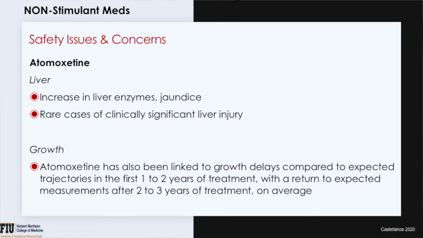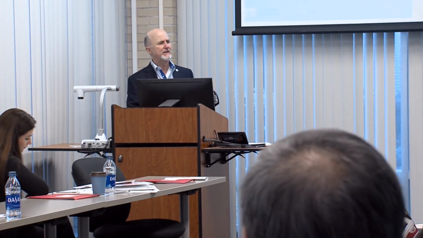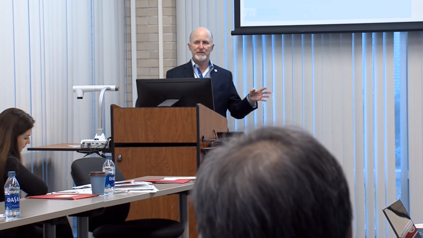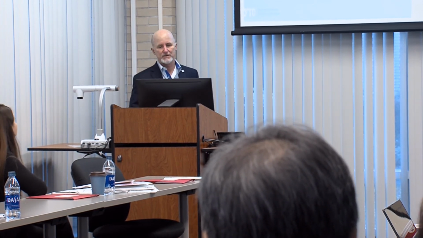That means when you discontinue the medication, all your parameters tend to return to normal, right? And atomoxetine has also been associated with some growth issues. You do need to know that as well. It's not just the stimulants. It's not that all non-stimulants don't have any growth-related issues, and you do need to monitor that as well.